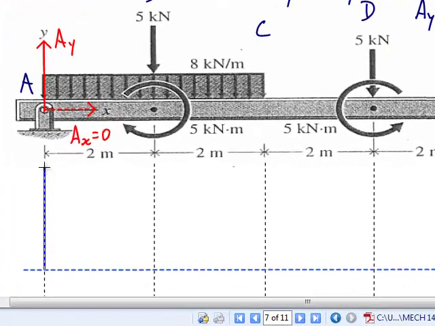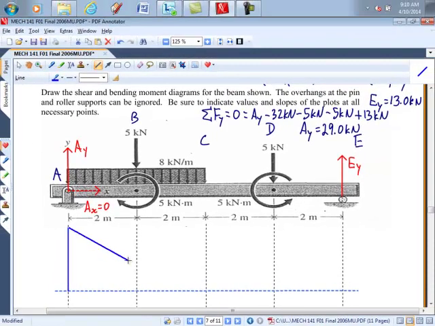So it jumps up to 29. Then what's going to happen? It's going to go down with a slope of -8 for 2. So how far is it going to go down? 16 from 29 is 13. So a little less than half.